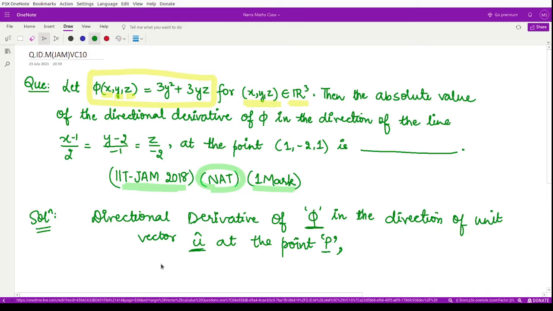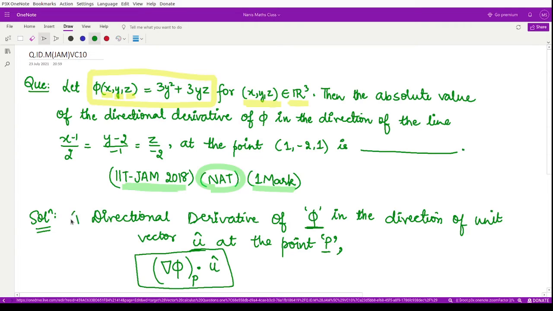The directional derivative is calculated when you compute the gradient of this scalar function phi at the point P, and then you take the dot with the unit vector. So you must know this formula.